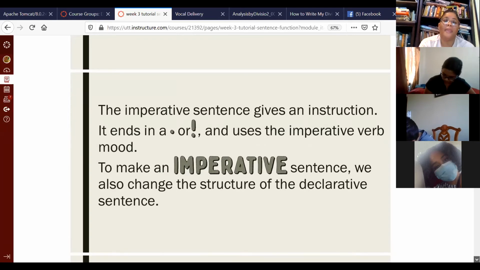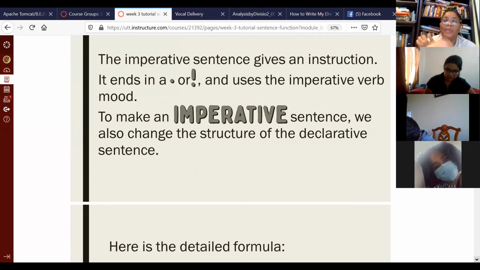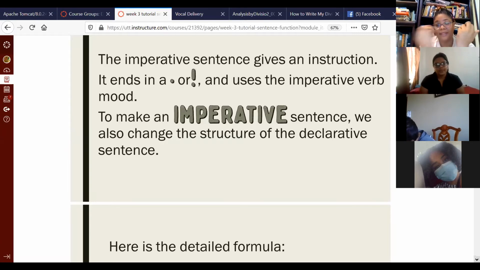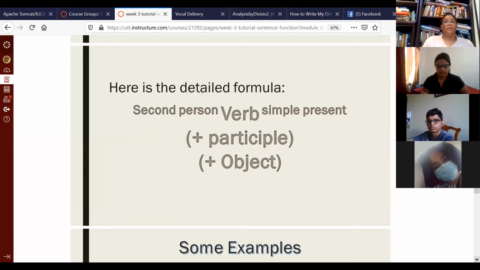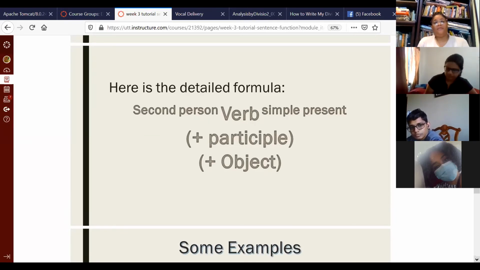So again, because it is in writing, we need to change the structure. If we are speaking and it's less formal, we would use vocal delivery to indicate whether or not it's imperative, declarative, interrogative, and so on. So the basic formula is we use the second person form of the verb, simple present tense.